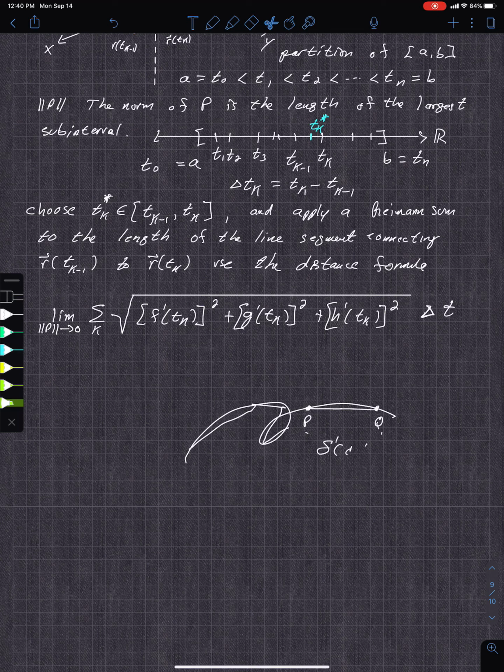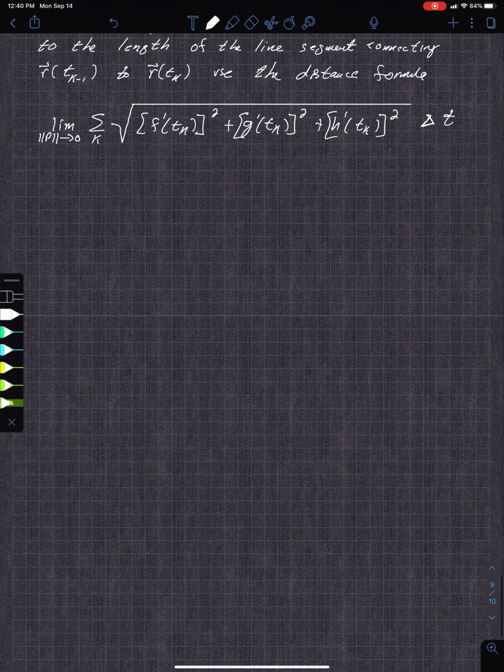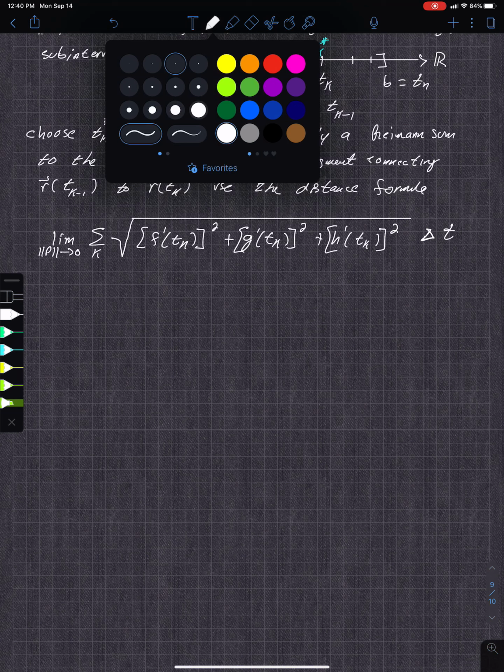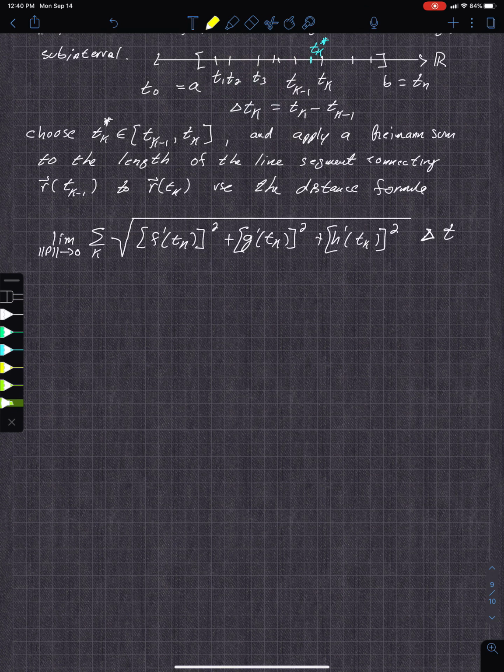It takes a bit of derivation. It's actually in Calc 2. So that's the part I skipped a little to save time. So look that up. I'll just say, see distance formula, see parametric in Calc 2.